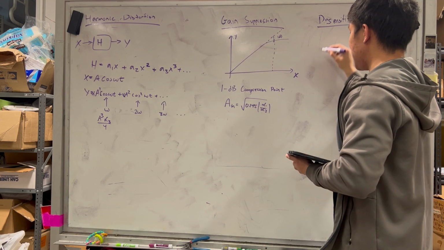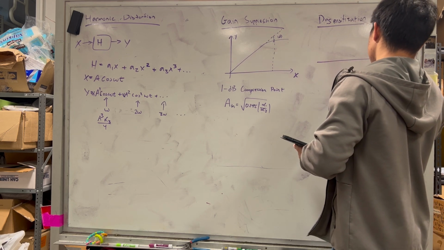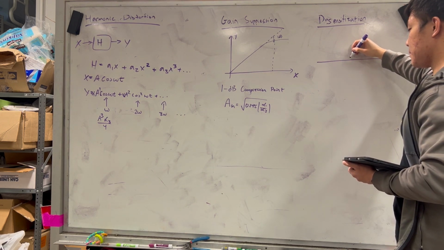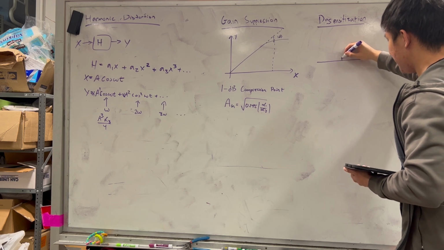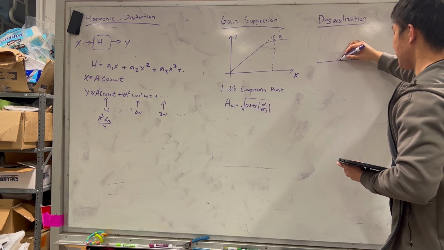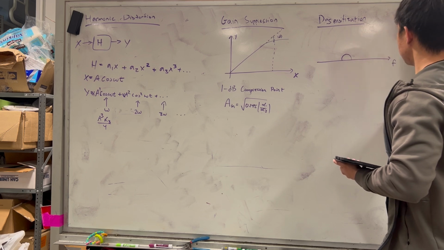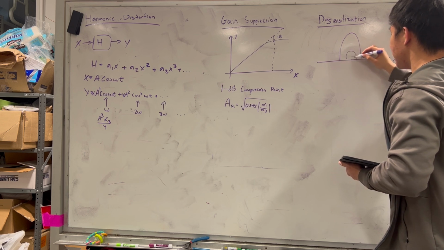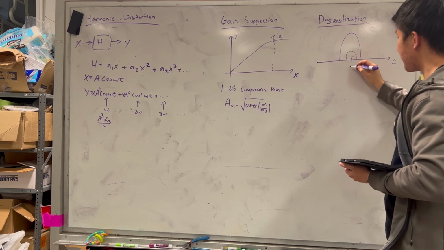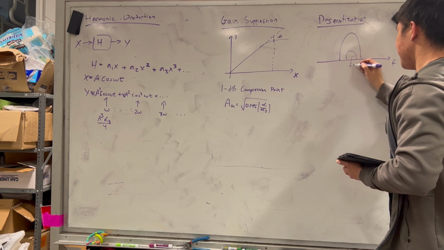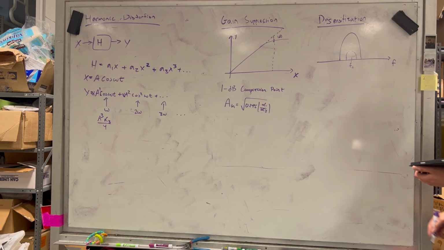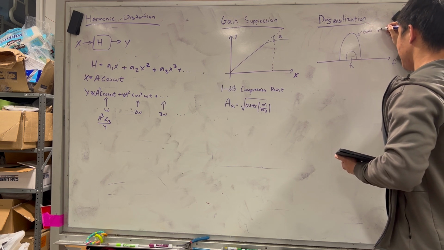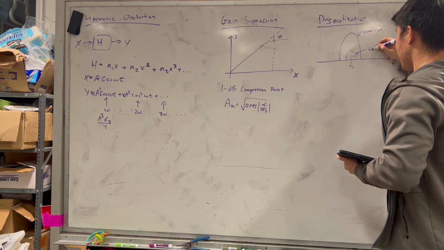So let's say I have on the frequency diagram my desired signal, and then I have some blocker like that, right? That just so happens to be right where my carrier is. So this is my desired signal, and this is the blocker.